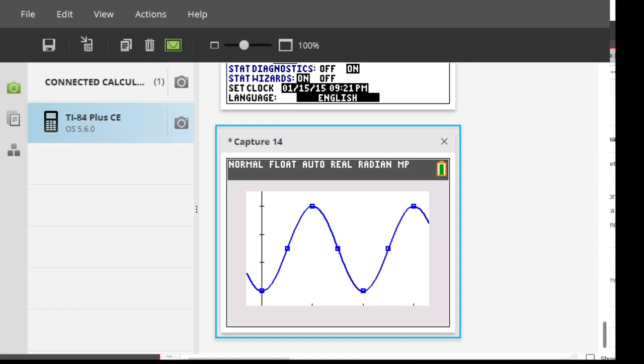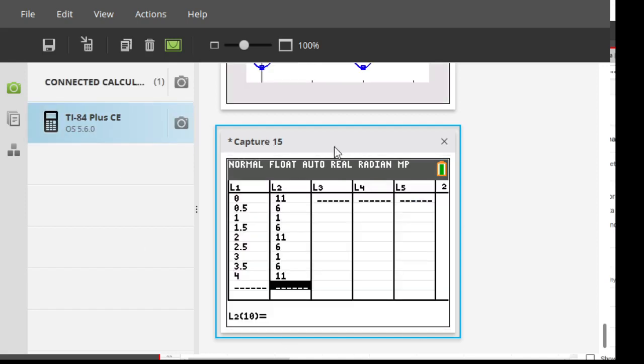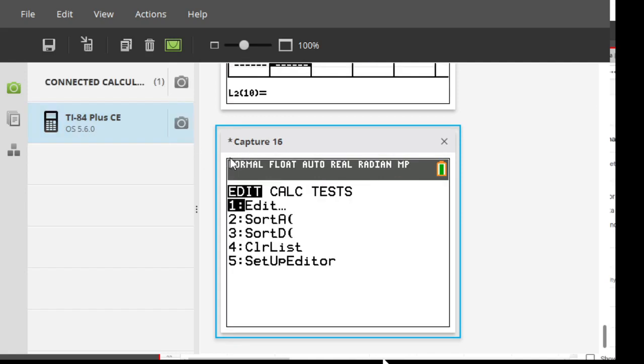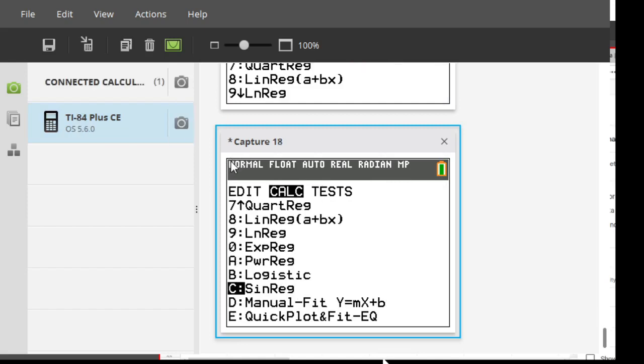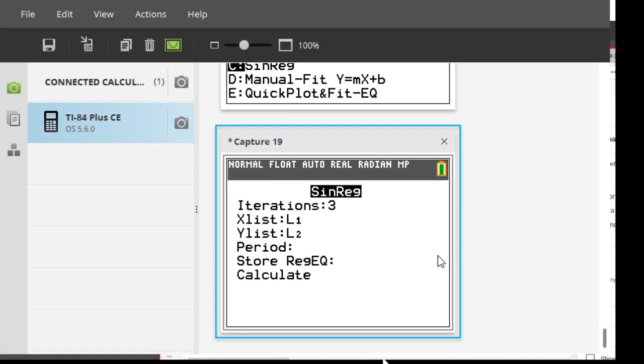So now we can go back to our calculator display. This is the data that we have entered. We are again going to go to our stat menu and calculate a sinusoidal regression from the bottom of the list. You can just go up 3 times. The number of iterations is just how long it'll take to get decent results.